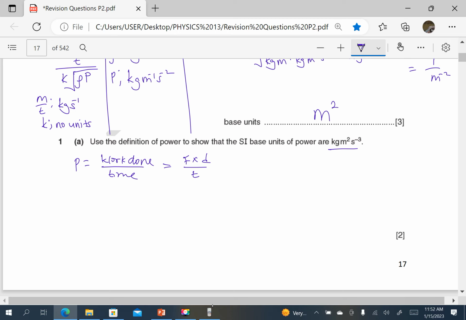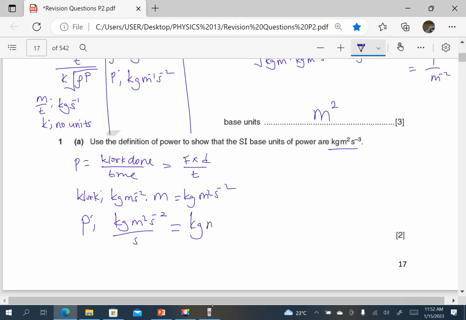So it means that the base units of work are going to be kilogram for force, meters per second squared, times meters. That is kilogram meters squared per second squared. So the base units of power will therefore be kilogram meters squared per second squared divided by seconds, which simplifies to kilogram meters squared per second power -3.